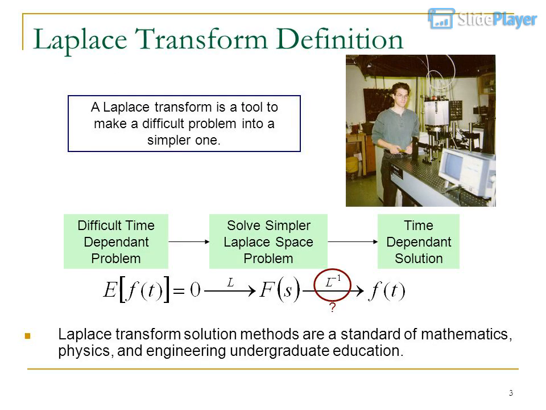Overview. Contributions. Laplace transform definition. A Laplace transform is a tool to make a difficult problem into a simpler one. Difficult time-dependent problem, solve the simpler Laplace space problem, then recover the time-dependent solution. Laplace transform solution methods are a standard of mathematics, physics, and engineering undergraduate education.